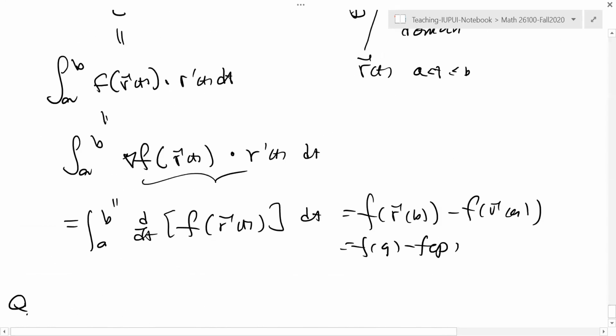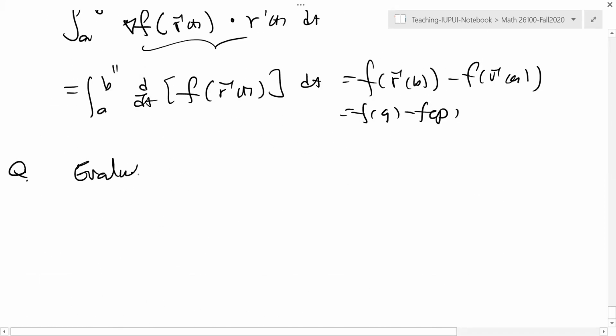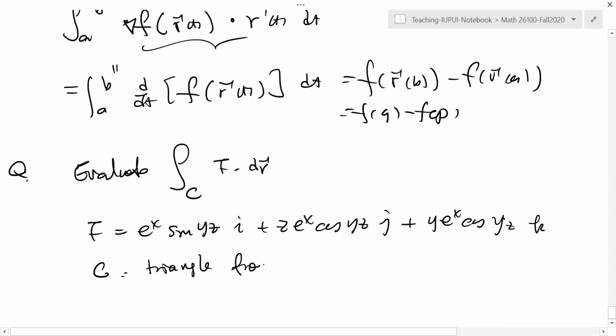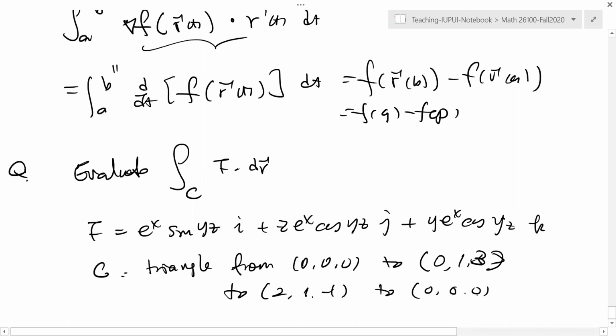Evaluate this line integral of F dr, where F is e to the x sine yz i, z e to the x cosine yz j, plus y e to the x cosine yz k. And C is a triangle from 0, 0, 0 to 0, 1, 3, then to the point 2, 1, -1, then back to the starting point. So there'll be 3 points.